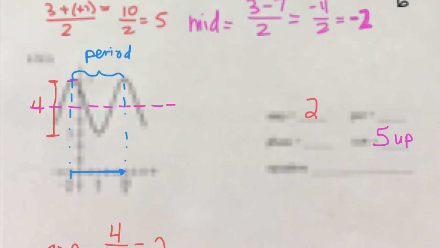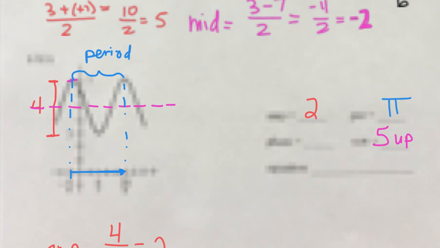The answer is pi units. We can count the tick marks: 1, 2, 3, 4, 5, 6. We do 6 tick marks from the max on the left to the max on the right. If each tick mark is pi over 6, then that's 1 pi, 2 pi, 3 pi, 4 pi, 5 pi. 6 pi over 6 is just pi.